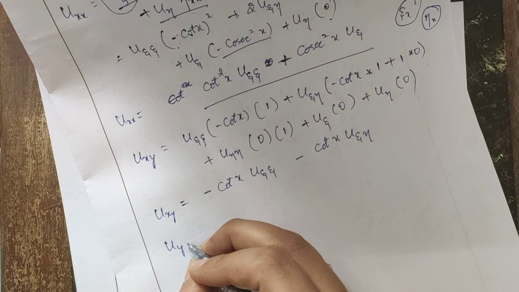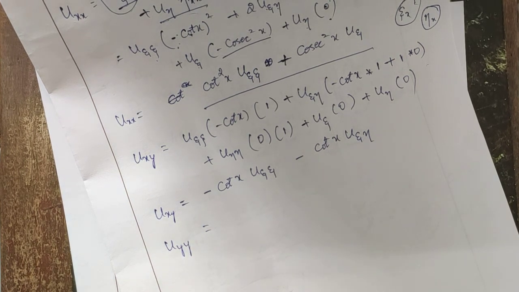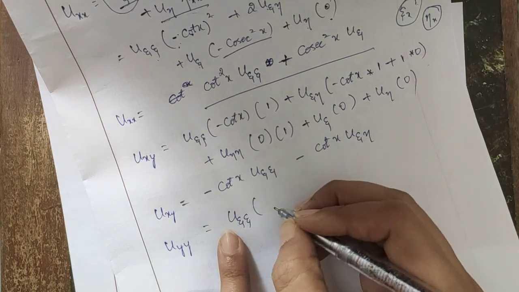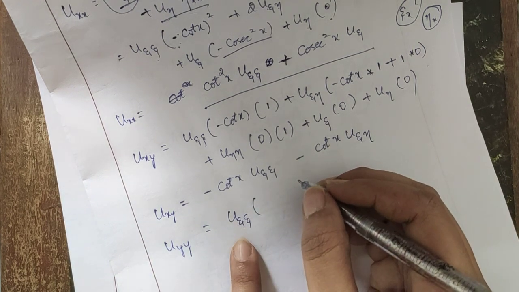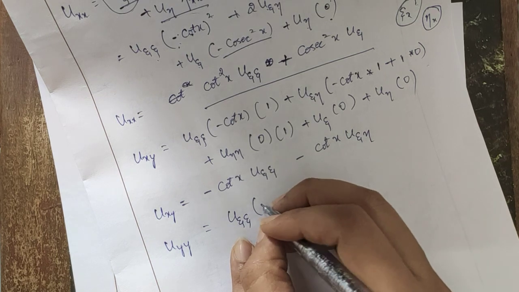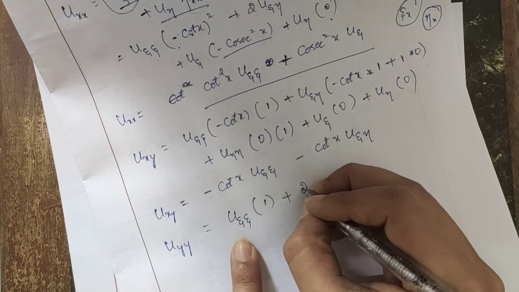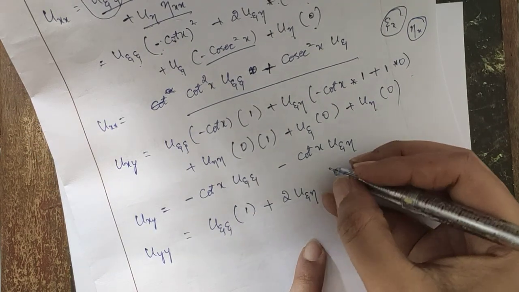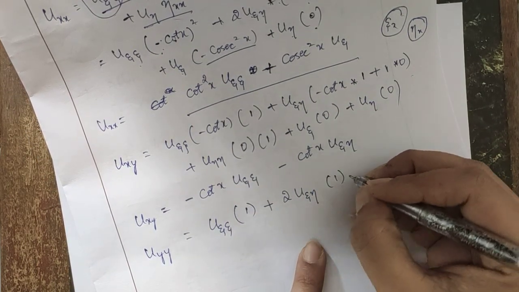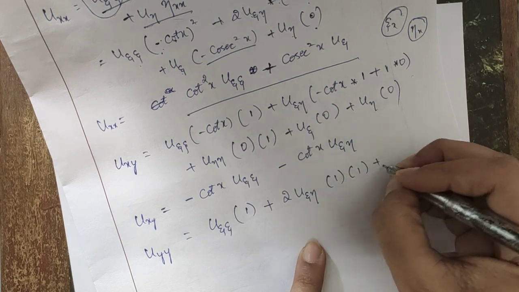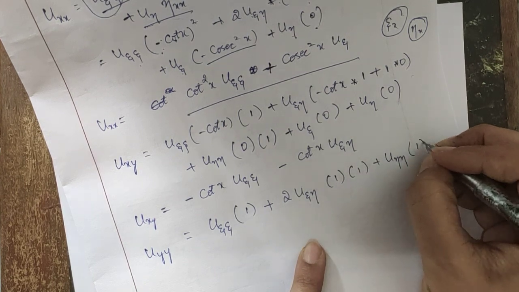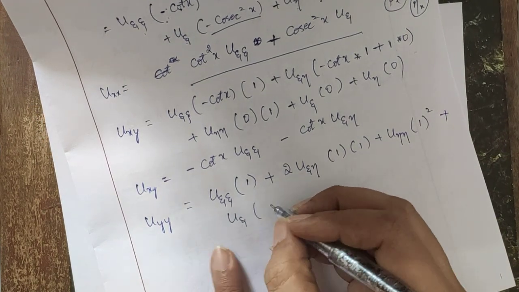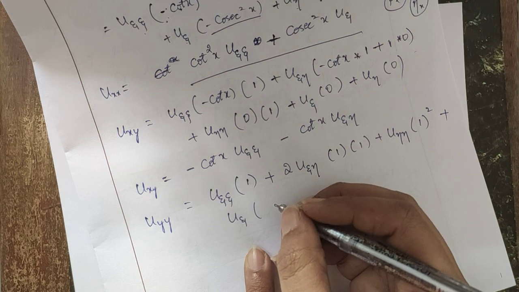So similarly find out u y y. For u y y we have a formula again, I am just substituting there. U xi xi into xi y whole square. Xi y is 1 plus 2 times of u xi eta into xi y. Xi y is 1 and eta y is 1 plus u eta into eta y whole square plus u xi into xi y.